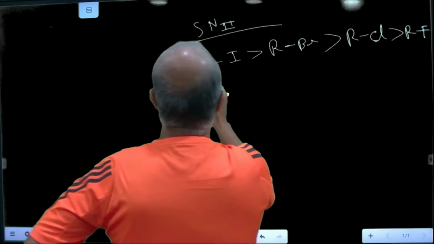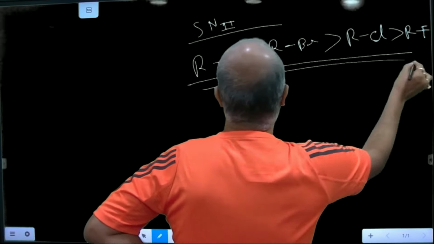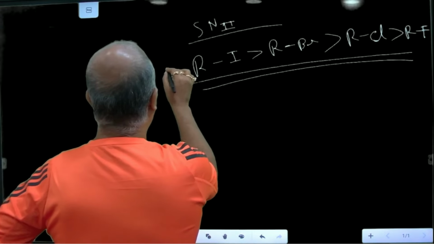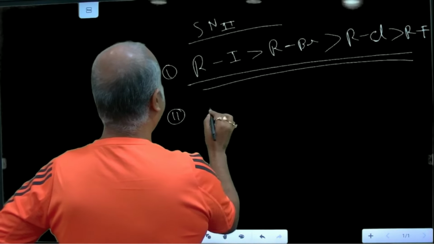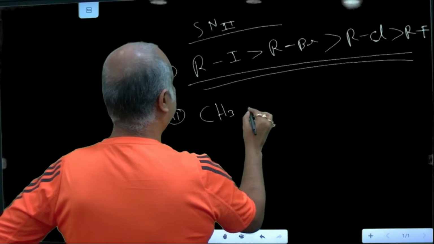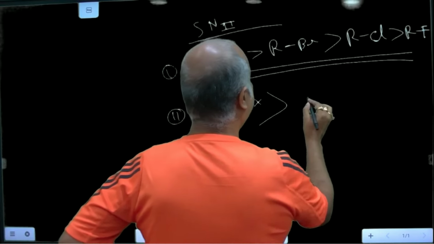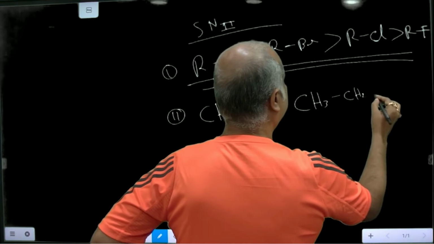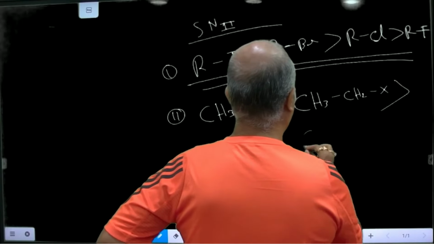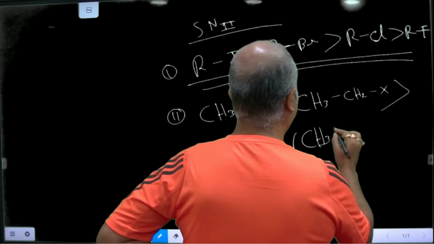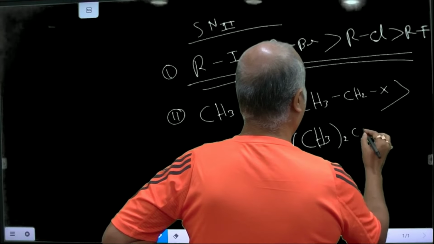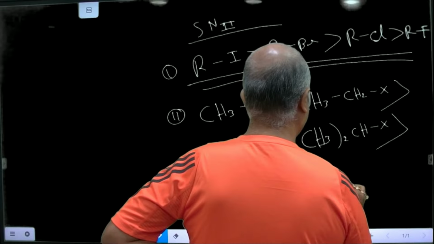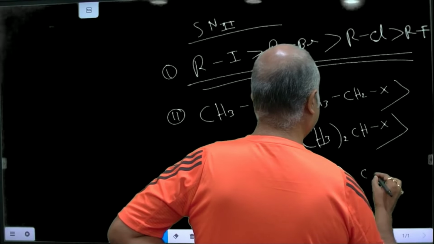These are the same for SN1 and SN2. But for SN2 there is another order: CH3X, methyl halide, is greater than CH3CH2X, greater than (CH3)2CHX, greater than (CH3)3CX.